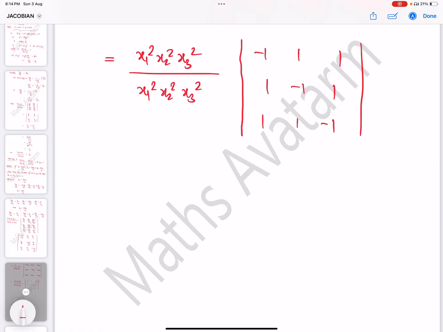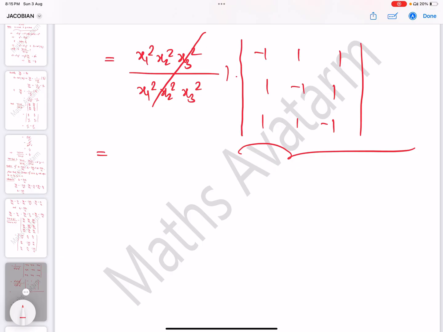Now, what is the value of this determinant? We will calculate it.